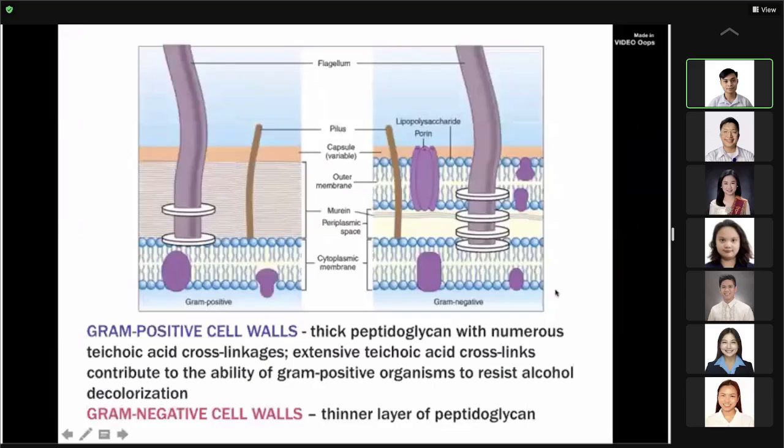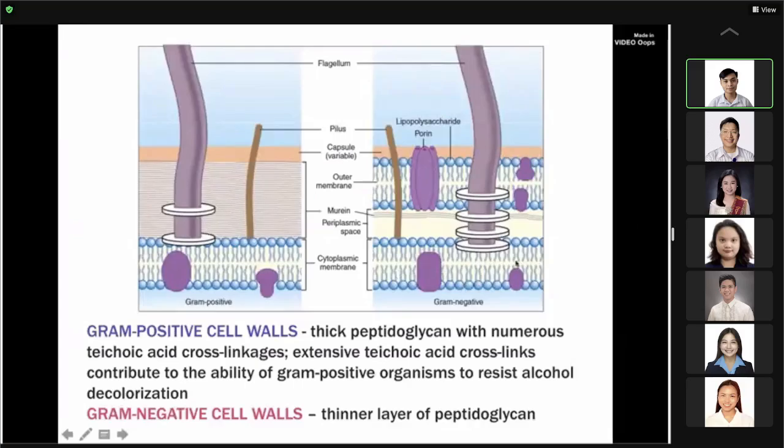Just a review of the cell wall of bacterial organisms. This is a cell wall of a gram-positive organism. This is the cell membrane. This is the membrane, and you have here a very thick peptidoglycan composed of extensive teichoic acid cross-linkages. This is a gram-negative.